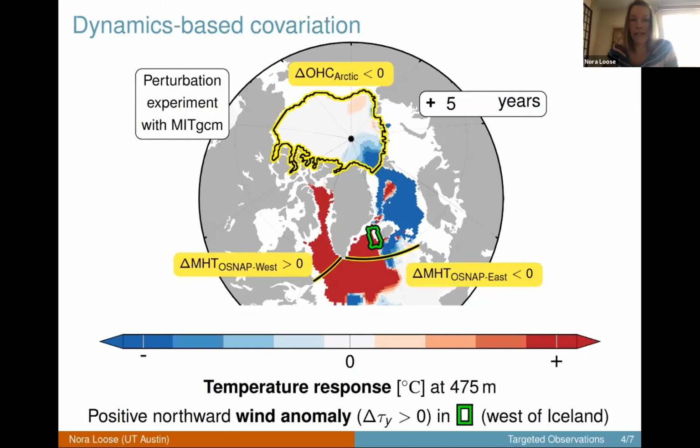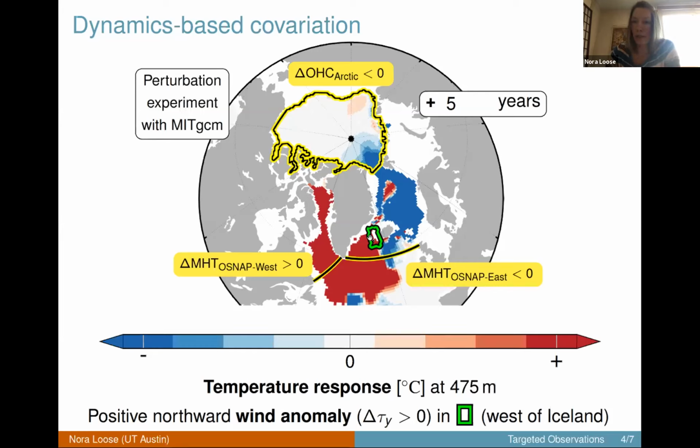The end result here is a positive anomaly in heat transport across OSNAP West, a negative anomaly in heat transport across OSNAP East, and a negative anomaly in Arctic Ocean heat content. I call this a dynamic space covariation between the three quantities, because we know where this covariation originates, namely west of Iceland. And we also know the underlying physical mechanism.